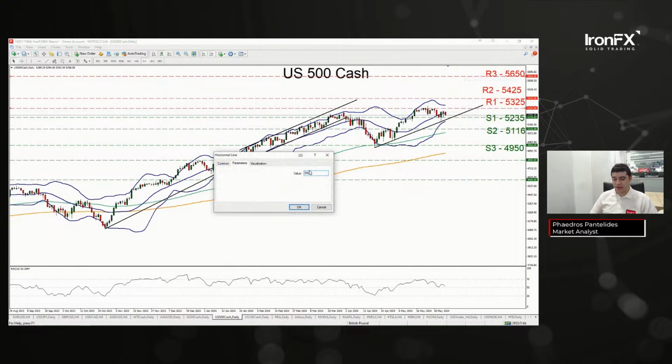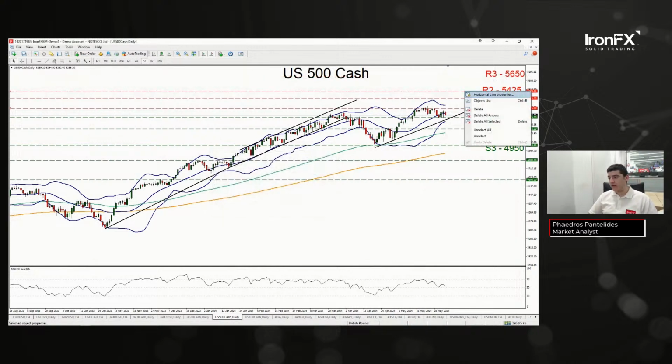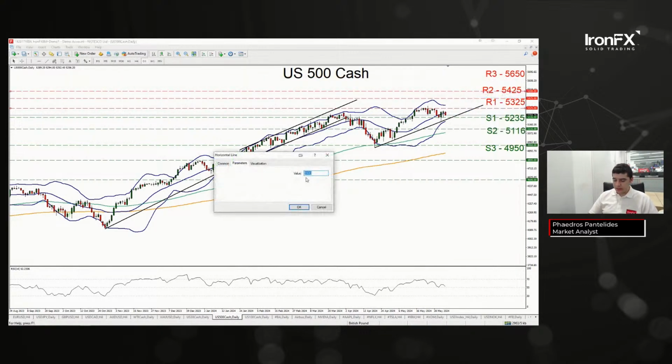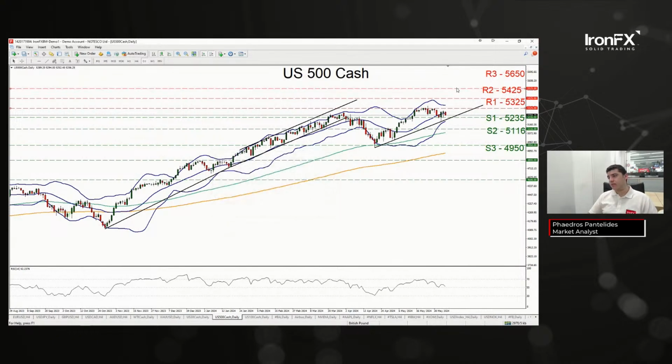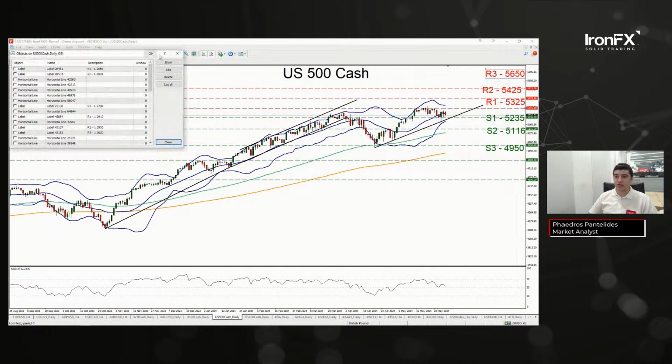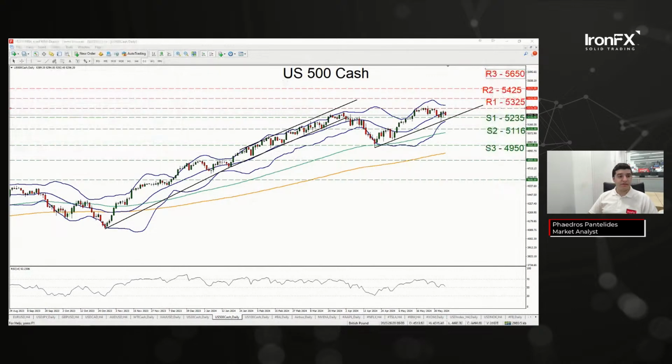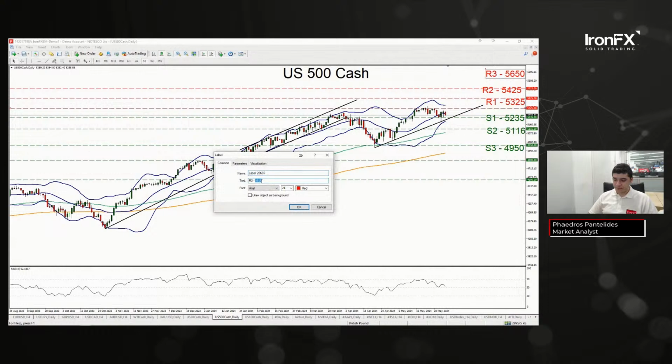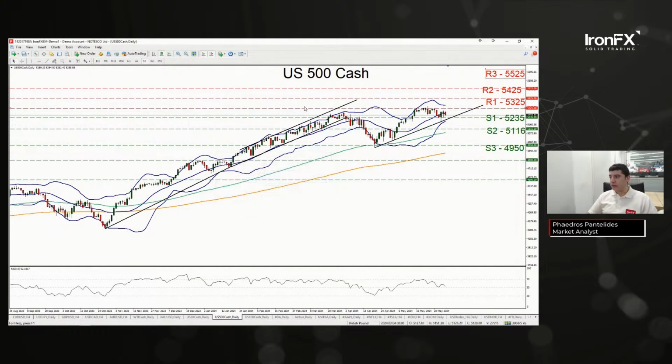Psychological figure. It's a big figure as well. Could meet some heavy resistance, but if we're keeping it $100 apart, it would be more prudent to keep it at 5,525. So that's R1, R2, R3.